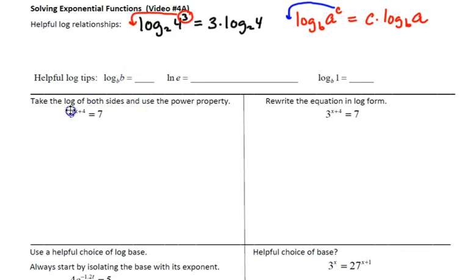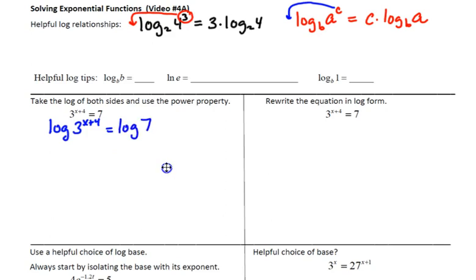When we solve equations from Algebra 1, you've always learned that you do the same thing to both sides of the equation. So one thing I can do is take the log of both sides. I'm going to use log base 10 because that is a commonly used log. So I write log of 3 to the x plus 4 equals log of 7. Remember, if I do not put a base, that is log base 10.